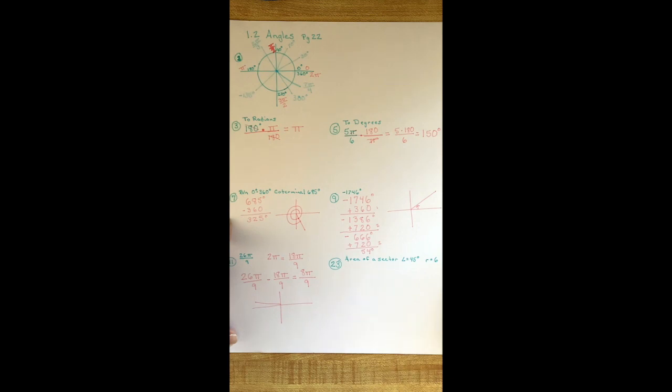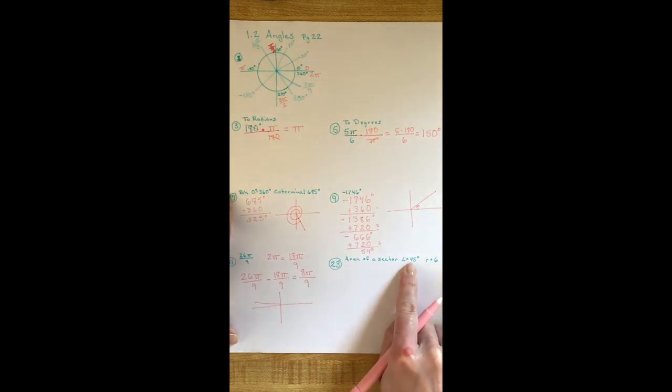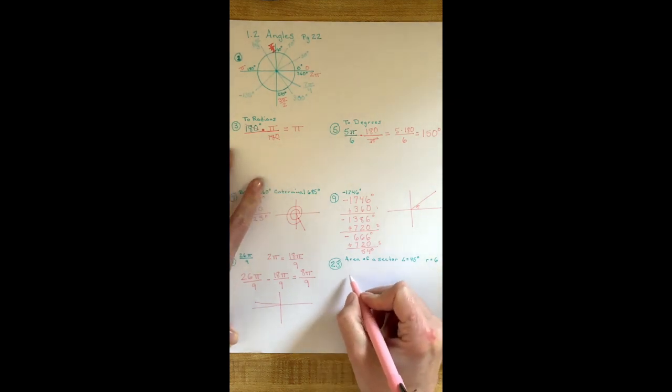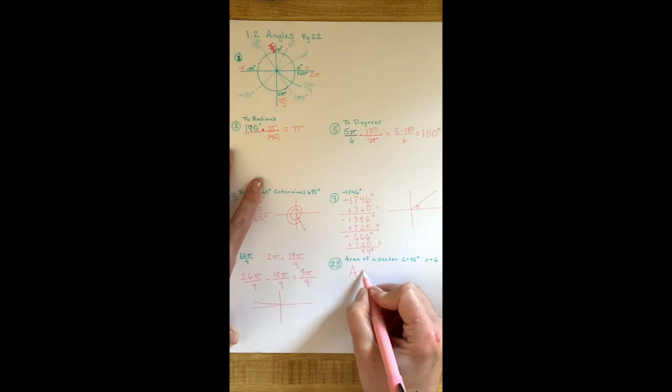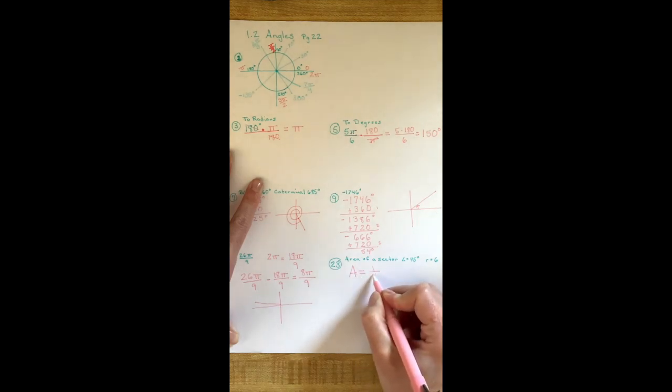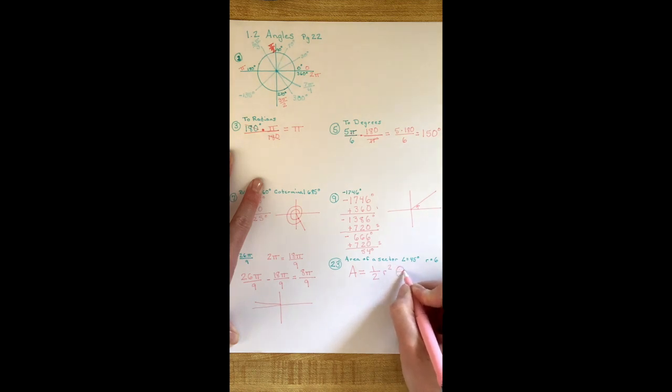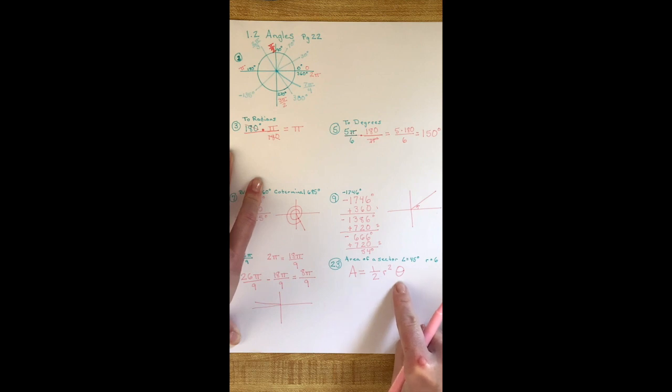Okay, last one, we're supposed to be finding the area of a sector, and it tells us that the angle is 45 degrees and the radius is 6. So remember, the equation for area of a sector is 1/2 r squared theta. Now the important part here is that we remember theta has to be in radians.